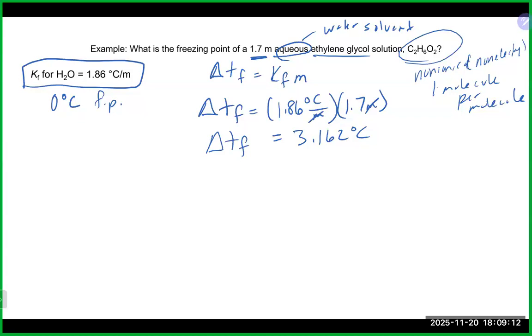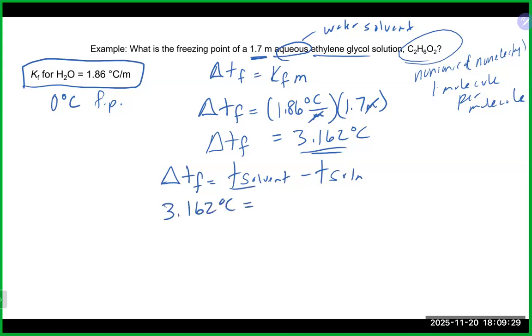So this is where that change in freezing point temperature comes into play. Remember here that our solvent's actually going to be a larger value. So we're going to do solvent minus the solution. So this number that we just got is right there. The temperature that the solvent normally freezes at is 0 degrees Celsius minus the temperature of the solution.